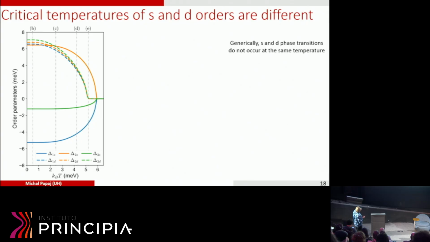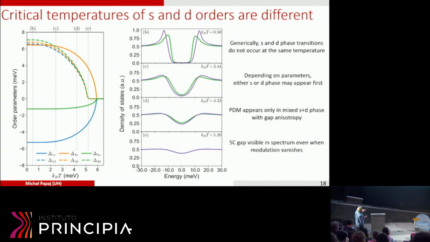So if we plot how the density of states behaves at those points, B, C, D, E, we can plot the density of states at the 2 iron sublattices at the different temperatures. The important thing for the appearance of this modulation is that we have both S and D in this particular case. So we need to have the anisotropy in order to see the modulation between the sublattices.